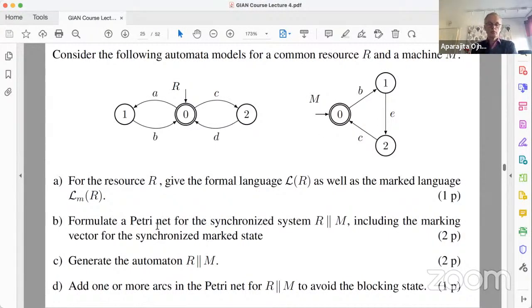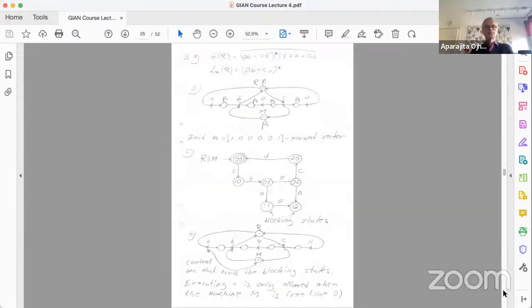And then we should, based on the PetriNet, also generate the automaton R synchronized M by generating simply the reachability graph for the PetriNet we get when we synchronize R and M. And then it looks like there is a small problem here. So add one or more arcs for R and M to avoid the blocking state. So what we will find when we have generated the automaton R synchronized M is that there is a blocking state. Let's see.